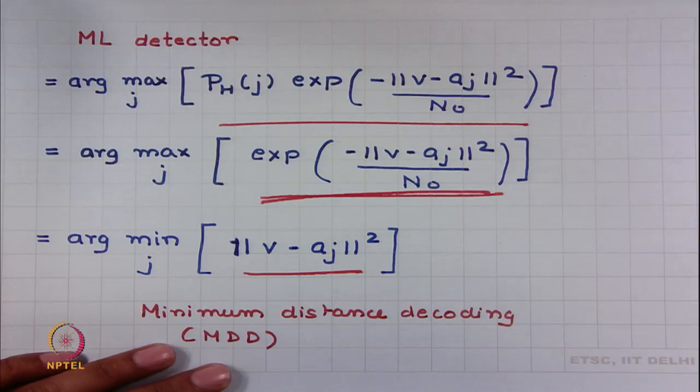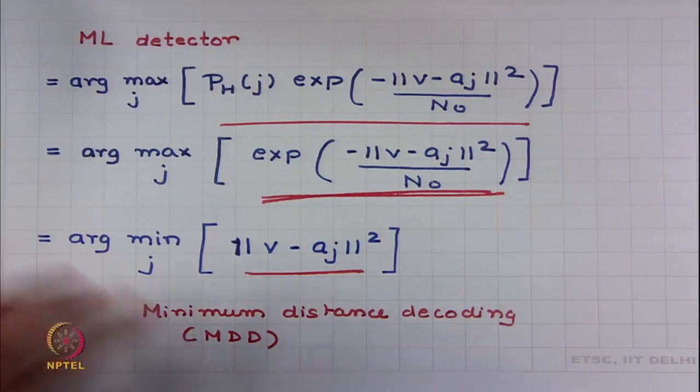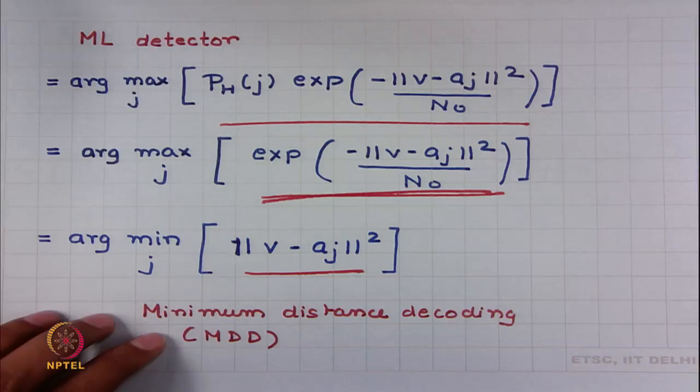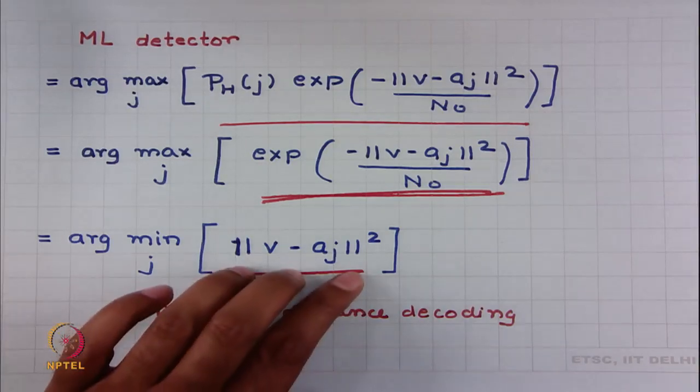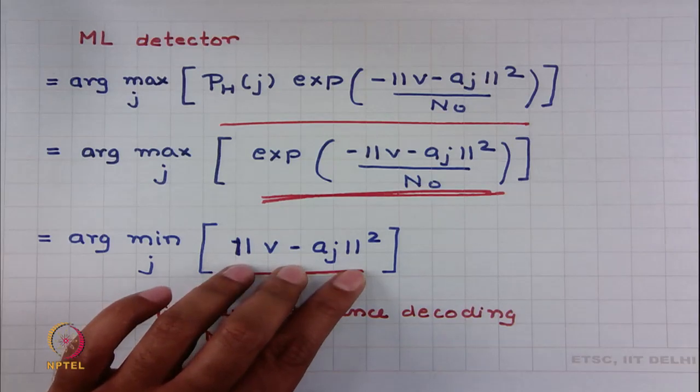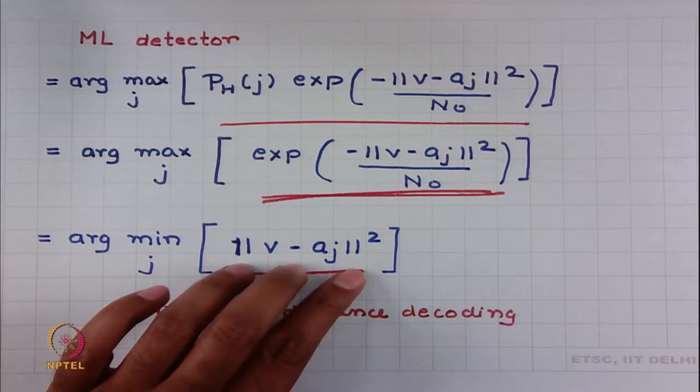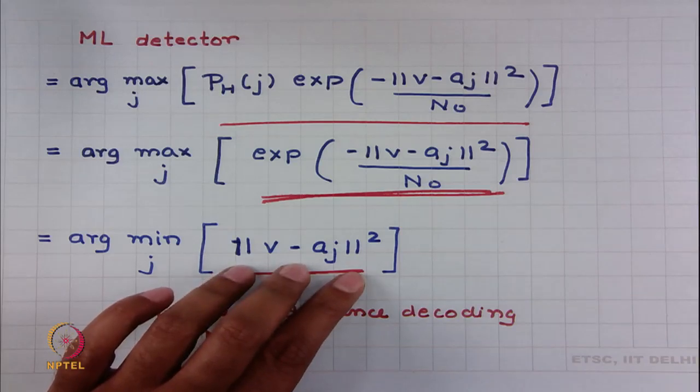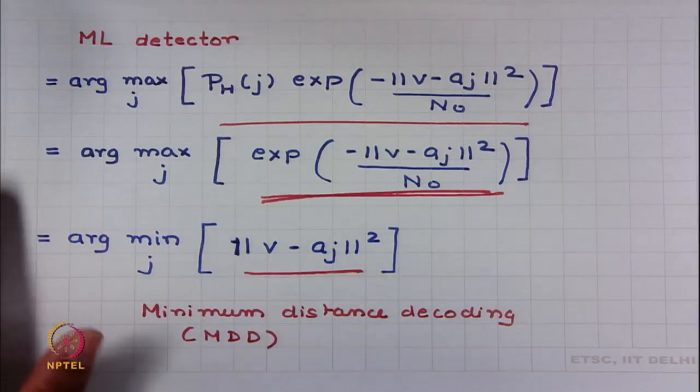So, the ML detector is also known as the minimum distance decoder, because what it is trying to do is to find the hypothesis for which the distance or the square of the distance is minimum. If the square of the distance is minimum, the distance will also be minimum, and hence the ML detector is also known as the minimum distance decoder.